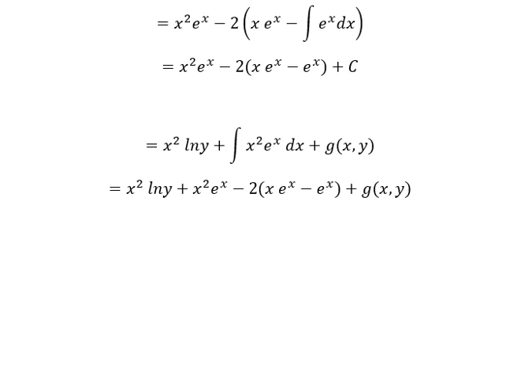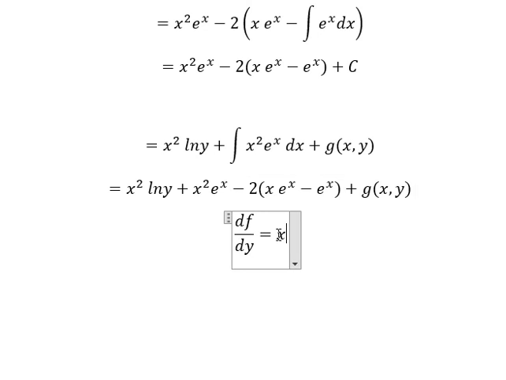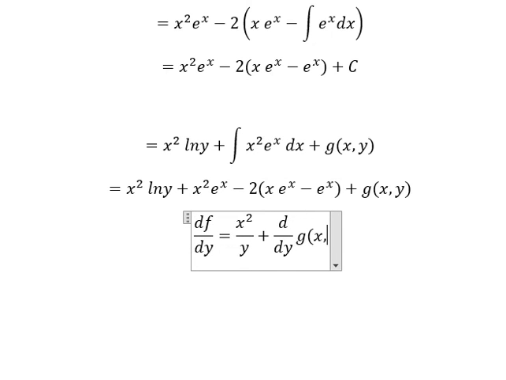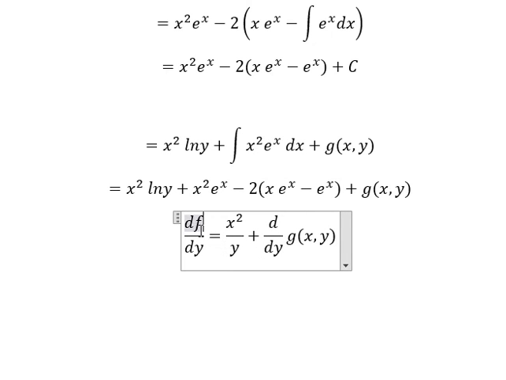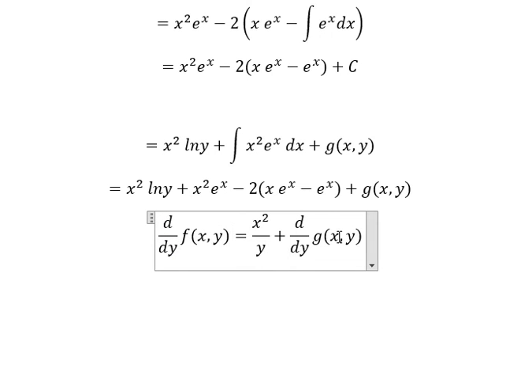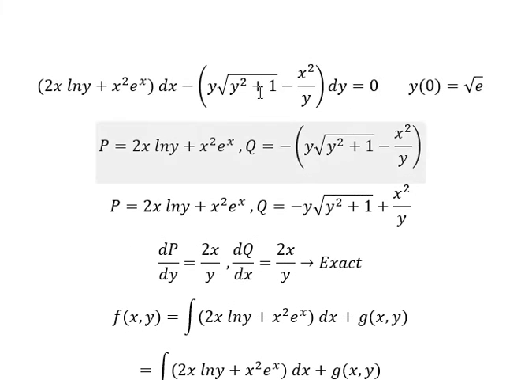Next, we need to do first the derivative of f with respect to y for the both sides. So this one we just have only f and y. This one we don't have y, so you got 0. And we know that this one equals to this one.